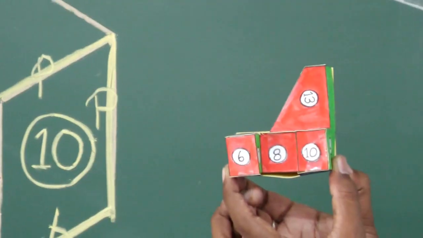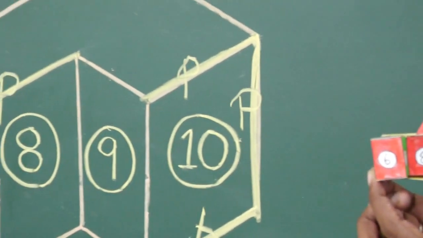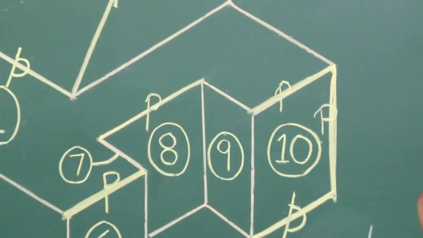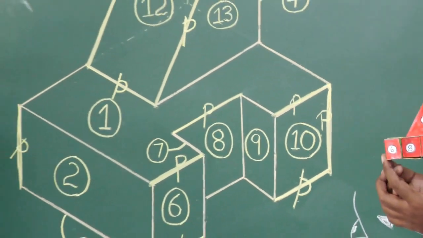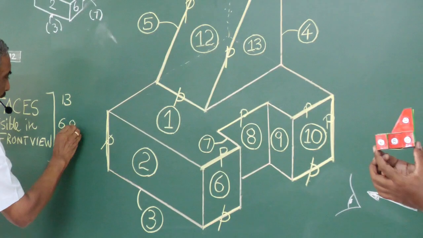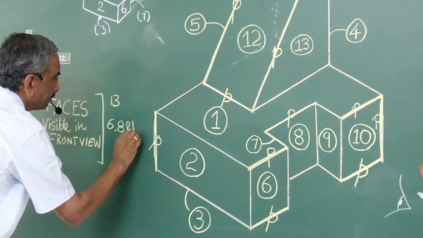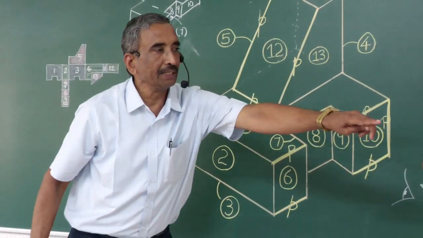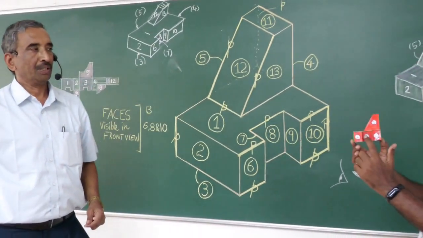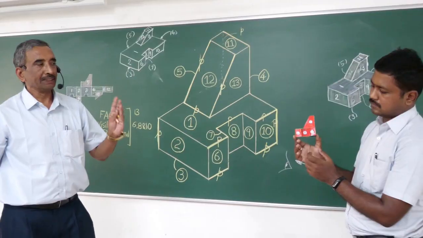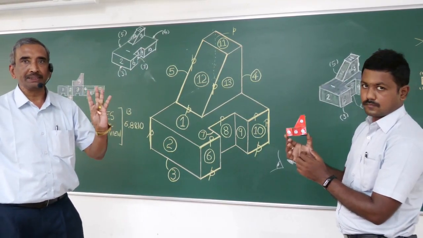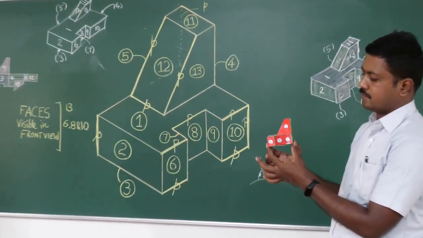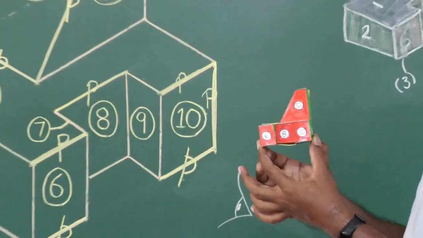Then in the bottom, you can see how many faces? 1, 2, 3. So you can see the faces 6, 8 and 10. These 3 faces are seen in the front. So we can see totally 4 faces in the front. Am I right, sir? We can see only 4 faces in the front.